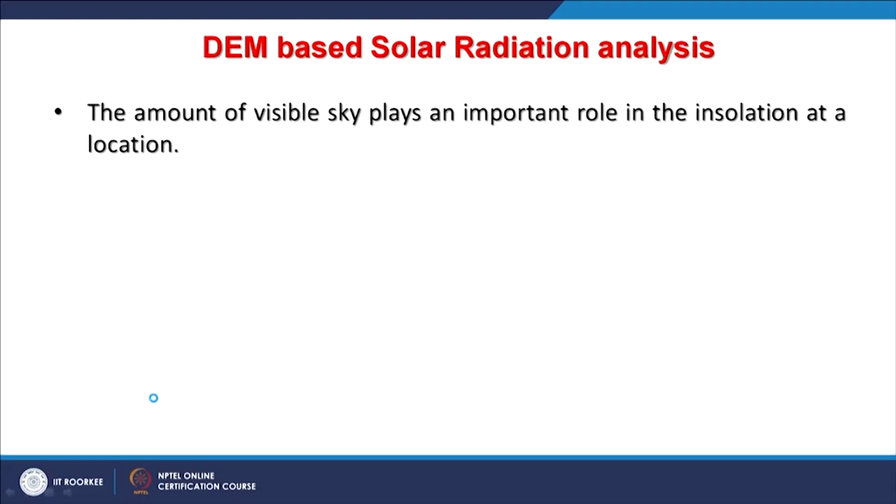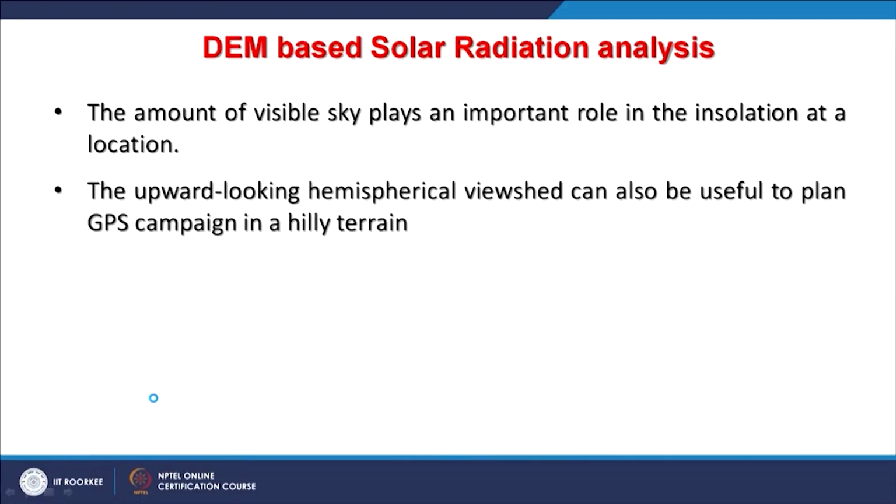Now, how much visible sky there is plays an important role in the insolation at a location. So, this will play a very important role. Again, this upward hemispherical viewshed can also be used to plan a GPS campaign in a hilly terrain.